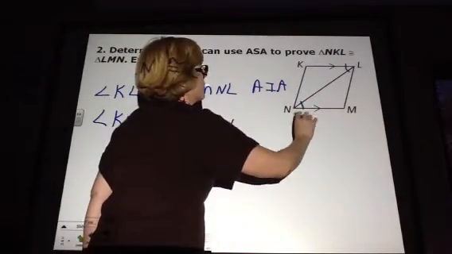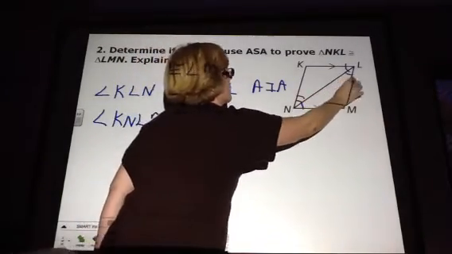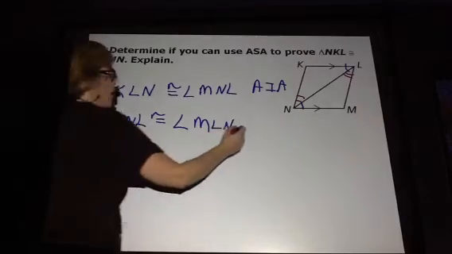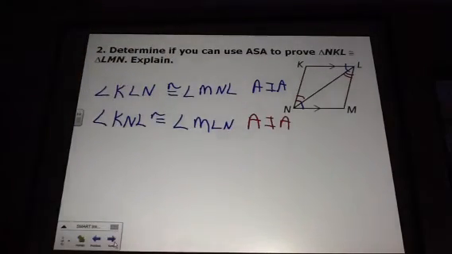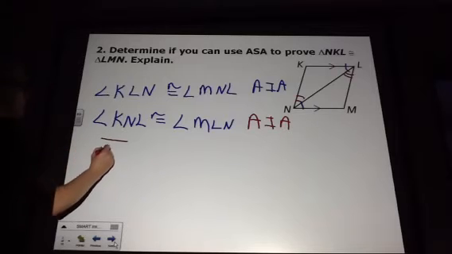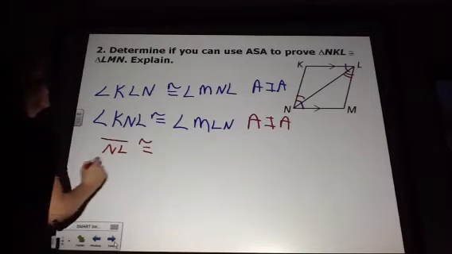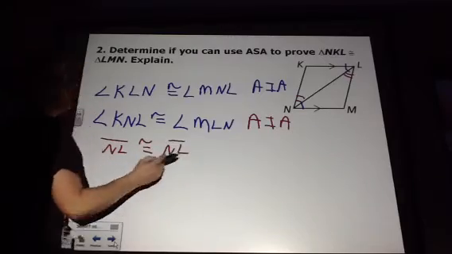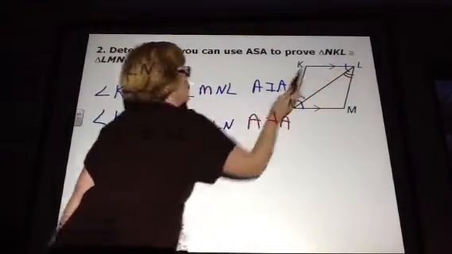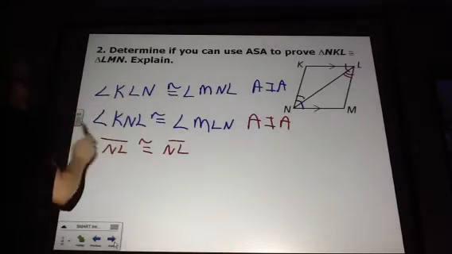So we've got this angle and this angle, why? AIA. We also know that segment LN is congruent to segment NL. I've got LN, I've got NL, why?